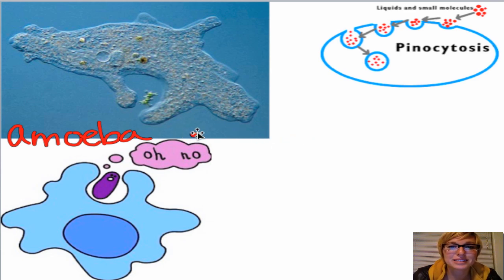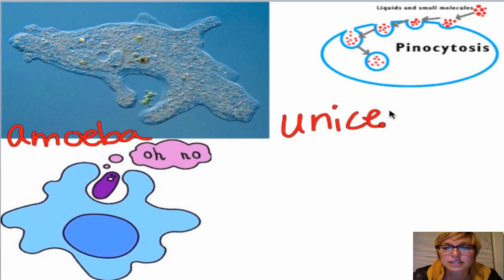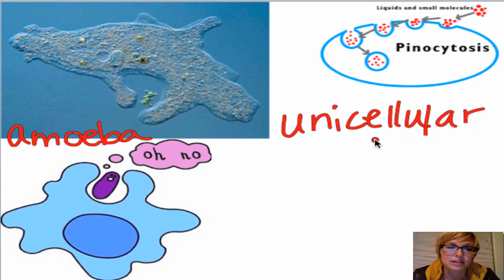And it's a unicellular organism, which means it's an organism that consists of only one cell. So it doesn't have a mouth, it doesn't have a stomach, it doesn't have a digestive tract. So in order to eat, it performs endocytosis. And in this case, it's eating something big, so it is performing phagocytosis.